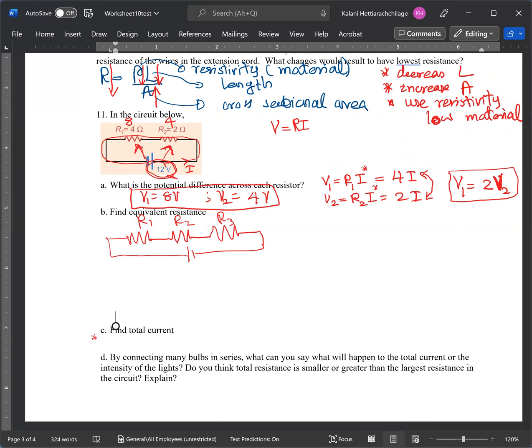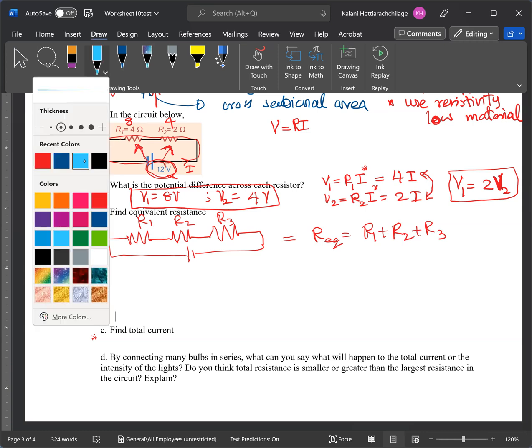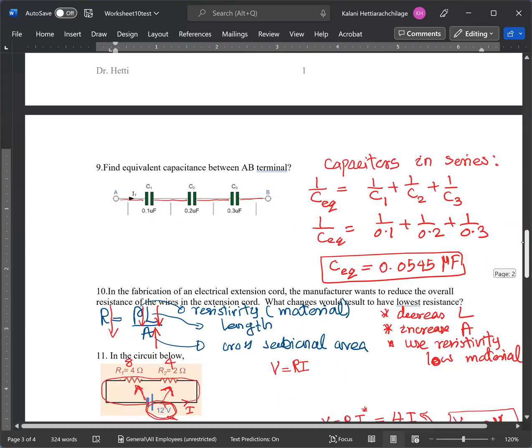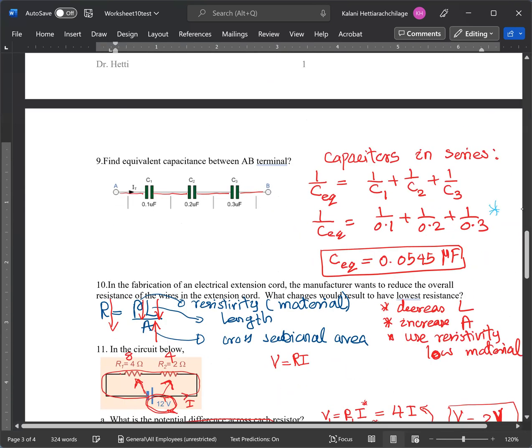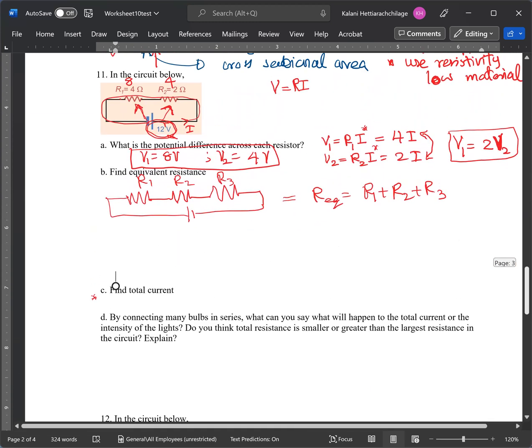If they are a series connection, then we have R equivalent equals R1 plus R2 plus R3, right? It's not exactly the same as the capacitors. If you go to the capacitors, you definitely see that if they are in series, you have to use the 1 over formula. When you come to the resistors, you do the opposite.